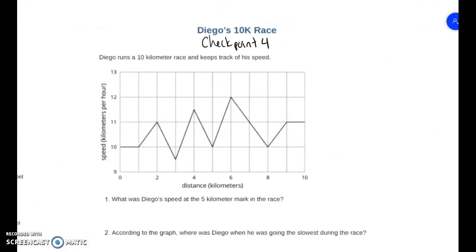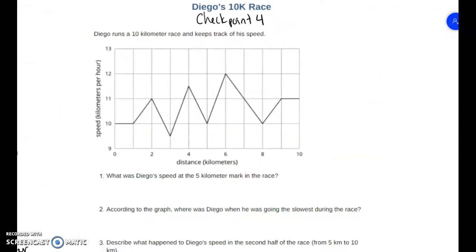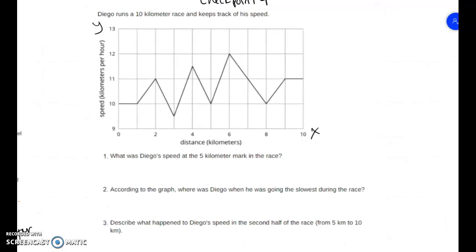So checkpoint 4, Diego's race. Diego runs a 10 kilometer race and keeps track of his speed. So remember, x-axis is always horizontal, y-axis is vertical. What is Diego's speed at 5 kilometer mark in the race? So I'm going to look at the 5 kilometer mark, which is right here. And I'm going to go all the way up.